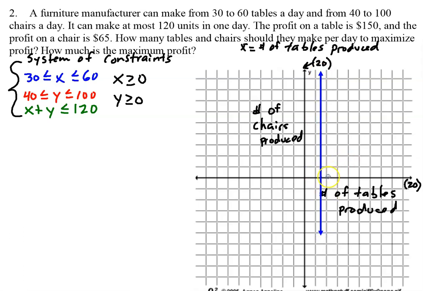And then another one going through 60. Okay, and then for the chairs, this time we're going to do horizontal lines through 40. And 100.